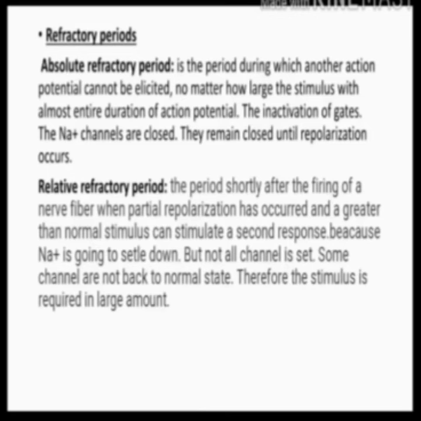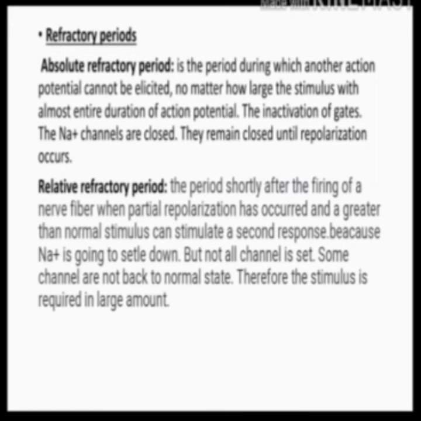Refractory periods. There are two types of refractory periods: one is absolute, the second is relative. The absolute refractory period is a period during which another action potential cannot be elicited, no matter how large the stimulus.